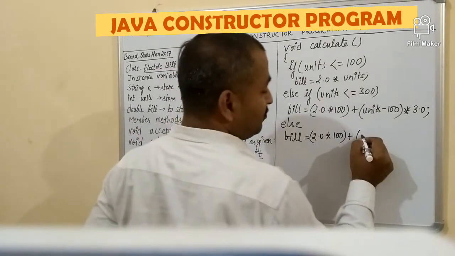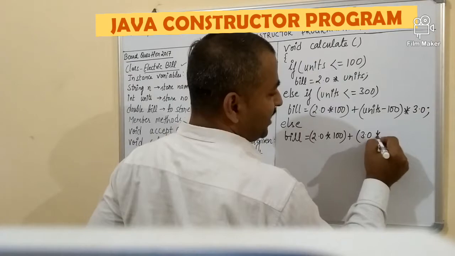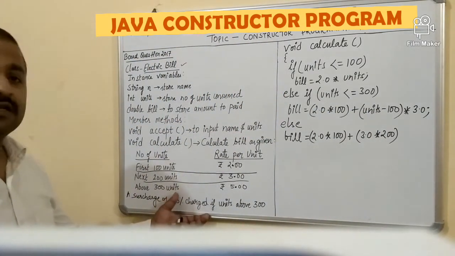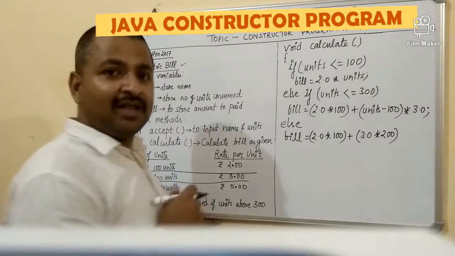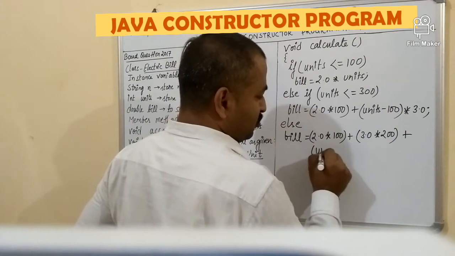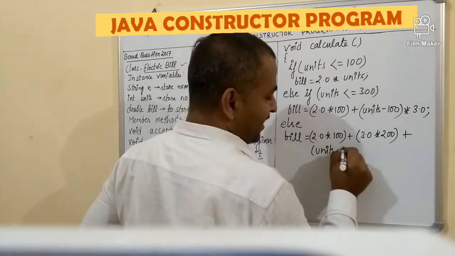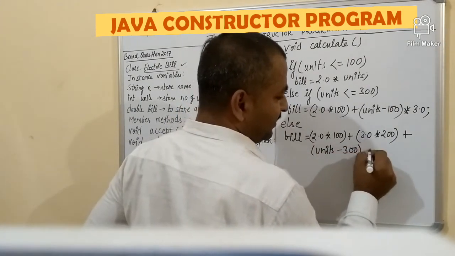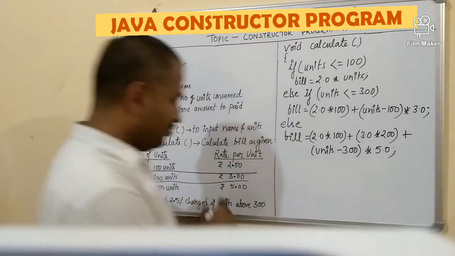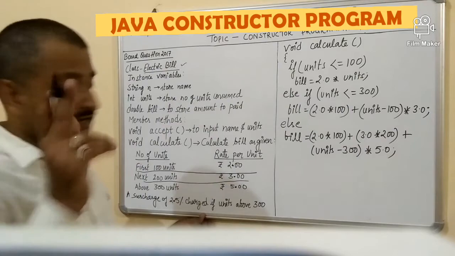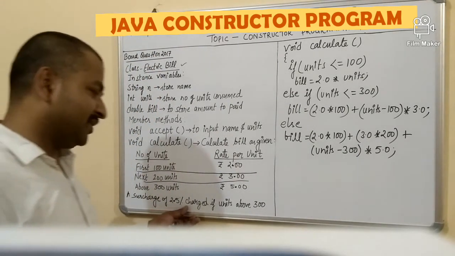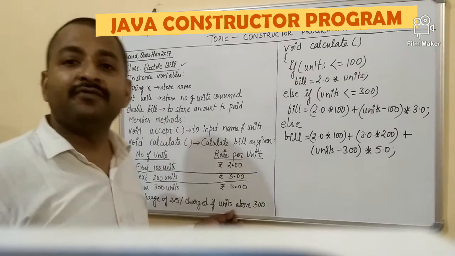So write rupees 3 multiply 200, and the remaining above 300 means that you have to subtract the 300 units. So plus units minus 300 multiplied by 5.0 as given.